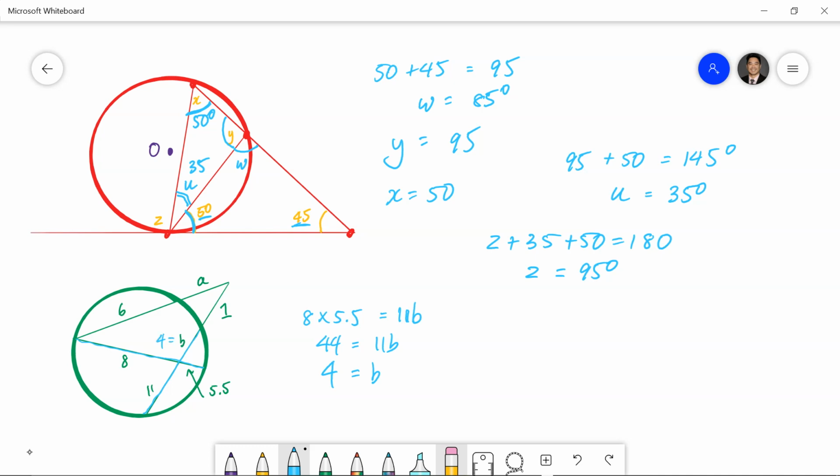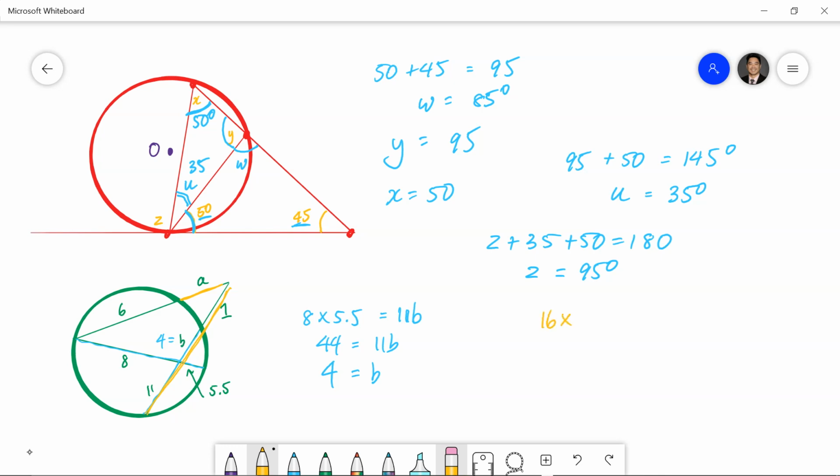Now we can work out that length because we already know what this entire length is. So our next part will be this entire length. 11 plus 4 plus 1 is 16.